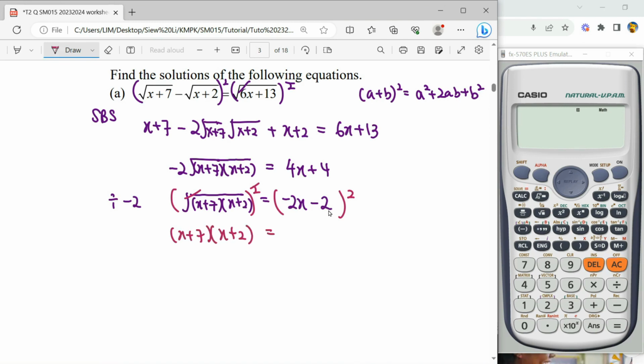Meanwhile for this square, we need to expand. A squared, for this first term, positive 4x squared. Then 2 times a times b, so positive 8x. Then b squared, positive 4. So expanding our left hand side will be equal to x squared, then 2x, 7x, 9x.